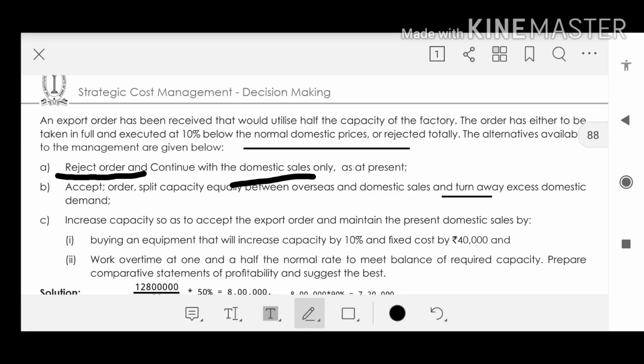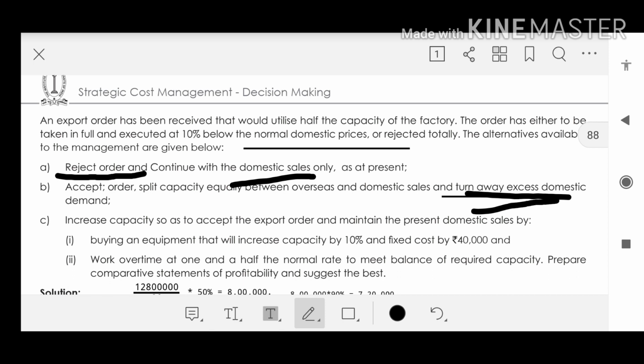The second alternative is we have to accept the order and split the capacity equally between overseas and domestic sales. That is, the overall capacity is 100%, and we have to split it as 50% and 50% to overseas and domestic sales. And they have mentioned here, you see, turn away excess domestic demand.